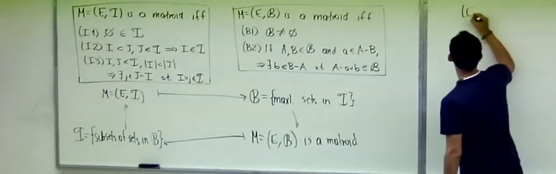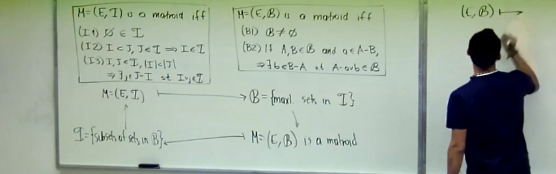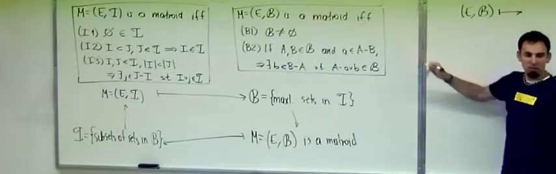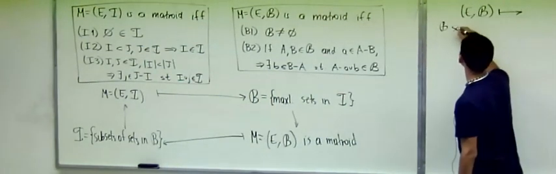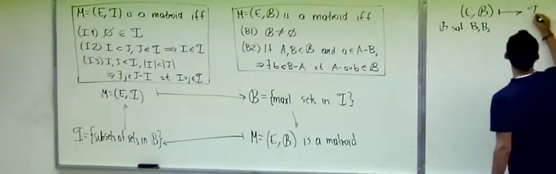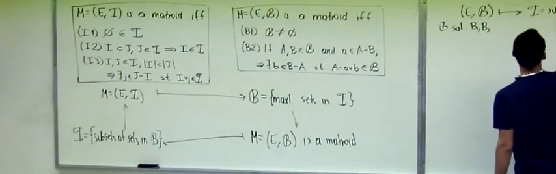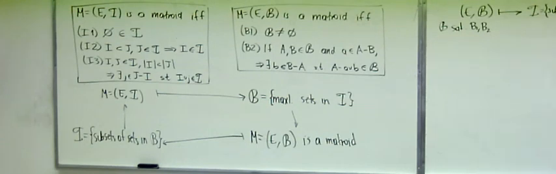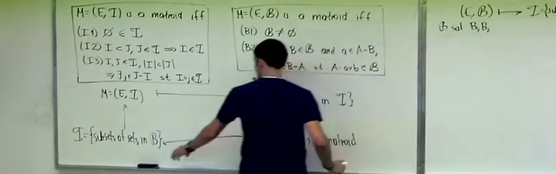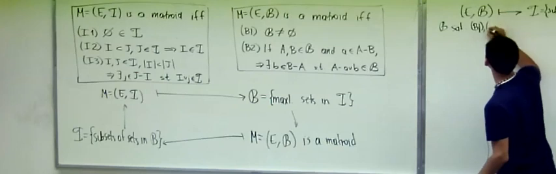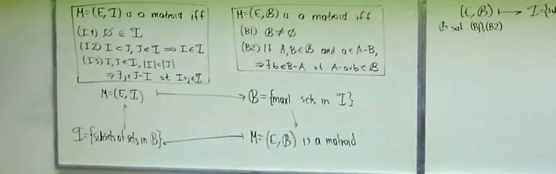We were in the middle of proving that if you start with a collection of sets B satisfying B1 and B2, then you get a matroid by saying I equals subsets of sets in B. We were in the middle of proving that if the collection script B satisfied axioms B1 and B2, then the collection I satisfied the axioms I1, I2, I3.